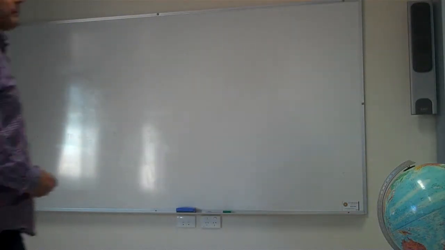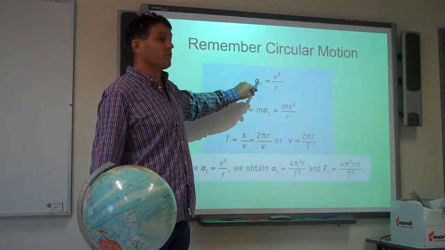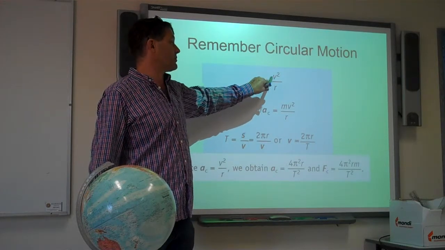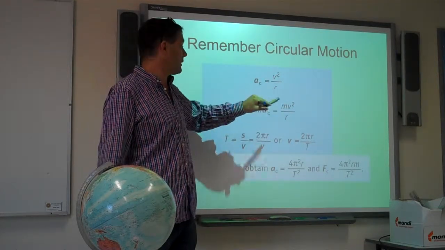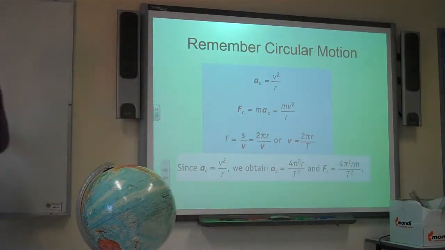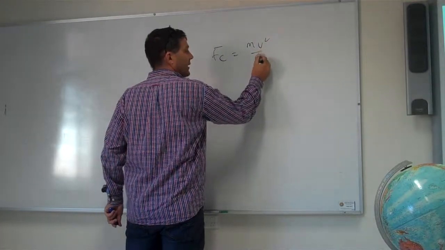They just put in the velocity. Yep, that's right. We know from circular motion that the centripetal acceleration is equal to v squared on r. If you multiply that by m, you get the centripetal force. So you get Fc equals mv squared on r.